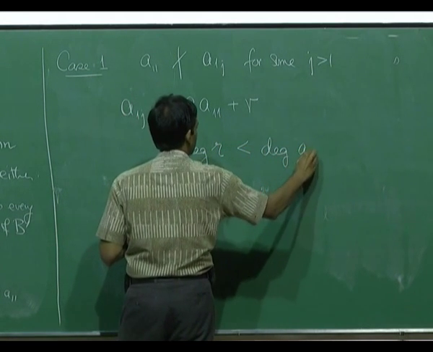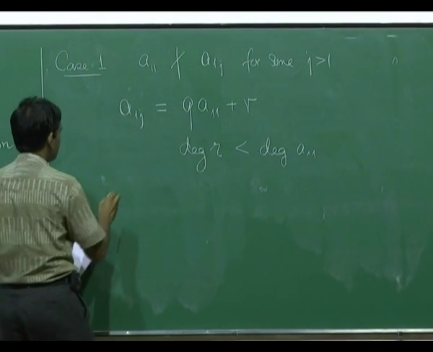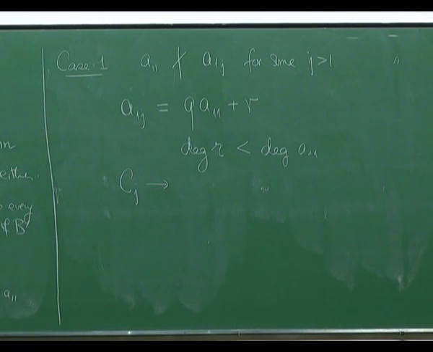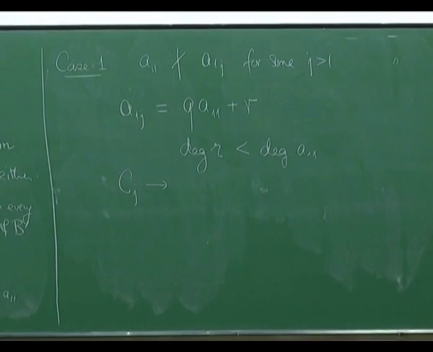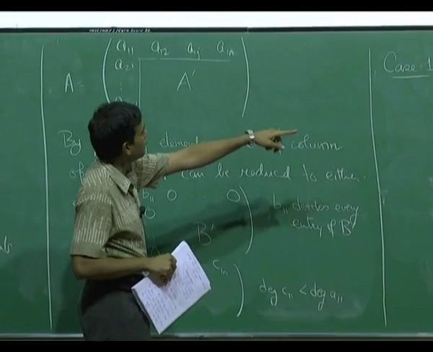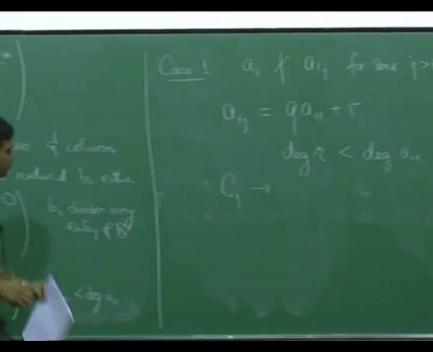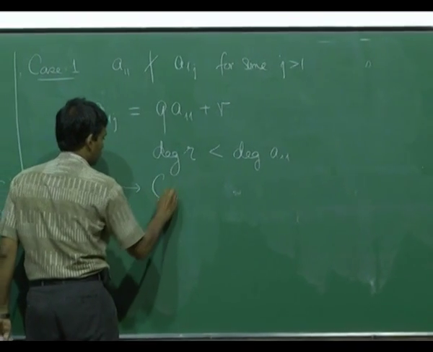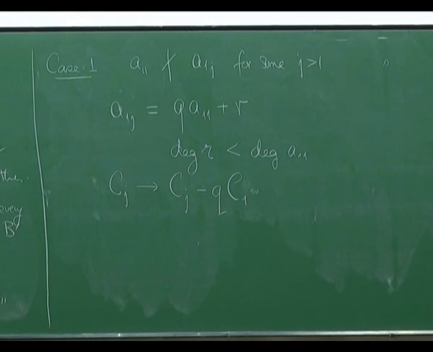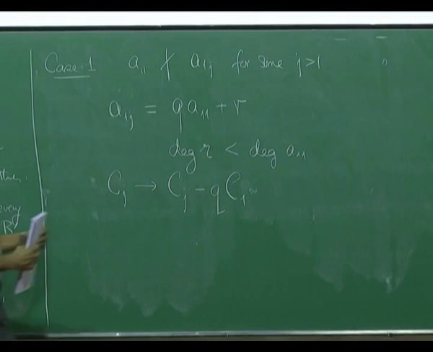So what you do is, now you take this column Cj and change it. Here I have this element A1j, and what I can do is take this column Cj and subtract from it q times the first column. Then what will I get in the 1jth position?